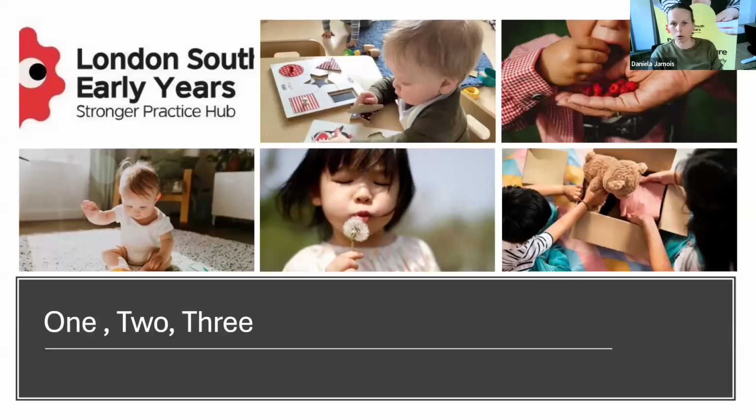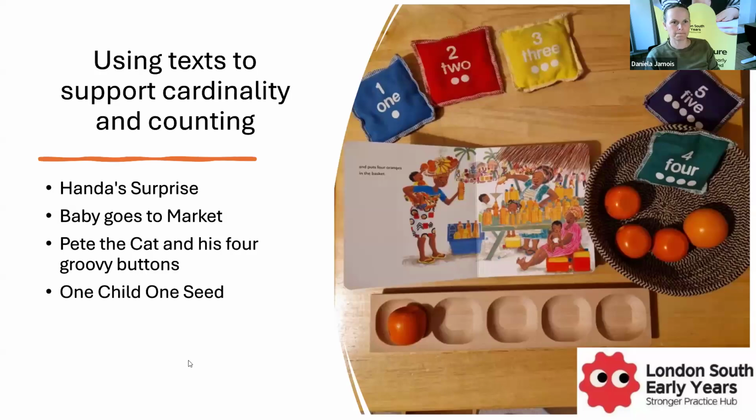You'll be filling a box, blowing the dandelion clock, inserting into an insert puzzle, or eating the raspberries or the strawberries that are in season at the moment. And those are all opportunities for using that numeral language early with our very, very youngest.